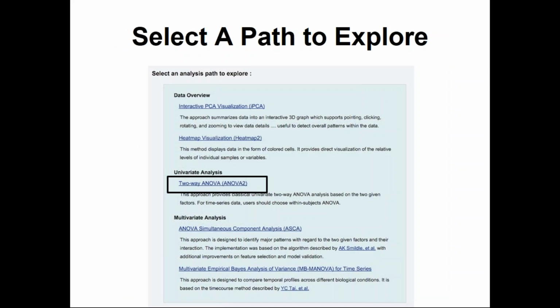And then we have these paths that we can look at. We can do interactive PCA analysis, we can do two-way ANOVA, or we can do ASCA, or MEBA is another option.